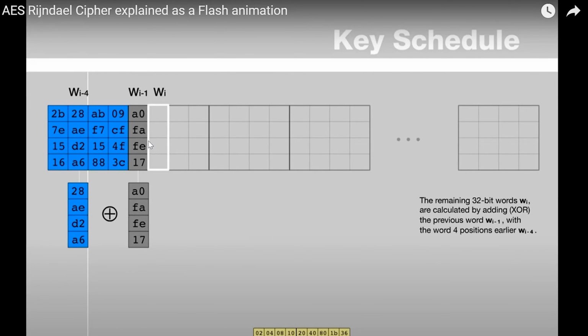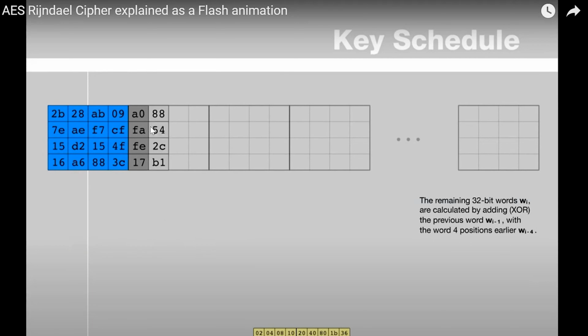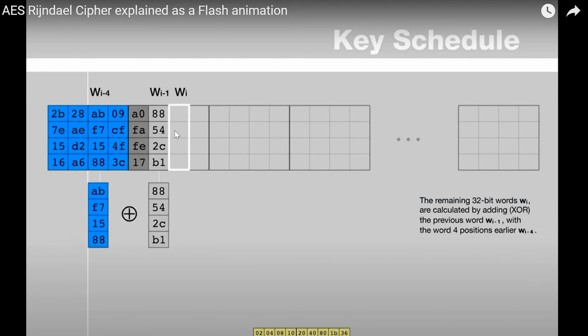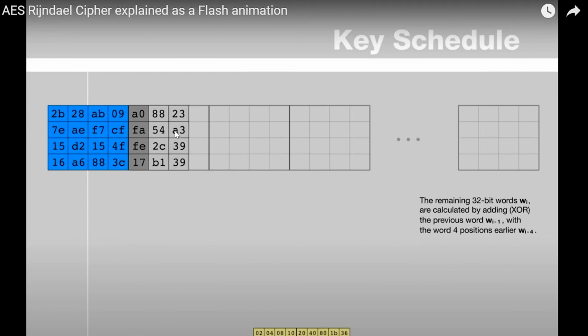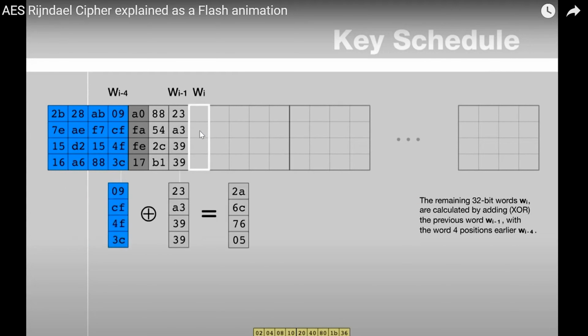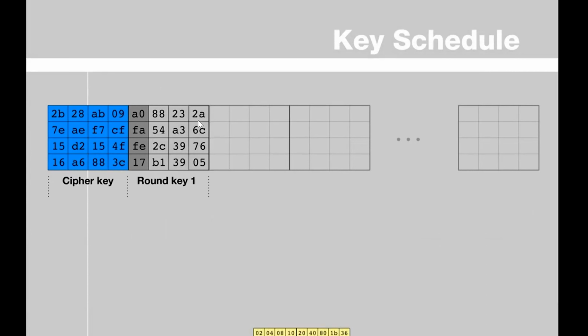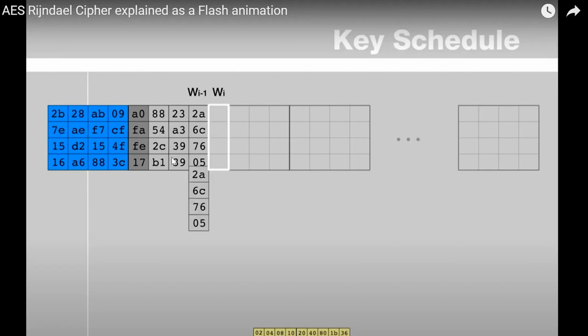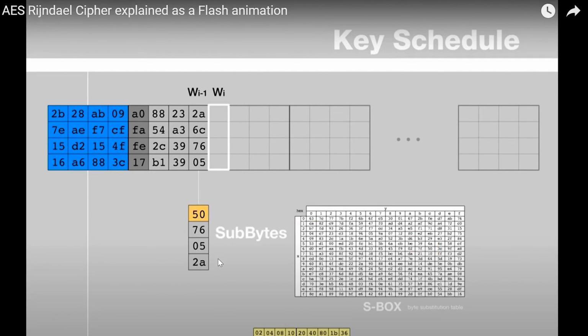Once I do that, filling the rest is easy. I just go forward and behind, and then I do XOR with the current value that I have. So you see that this XOR helps me generate these keys very well. So this is round key 1. And for round key 2, again, I take the previous one, do the rotation and substitution.